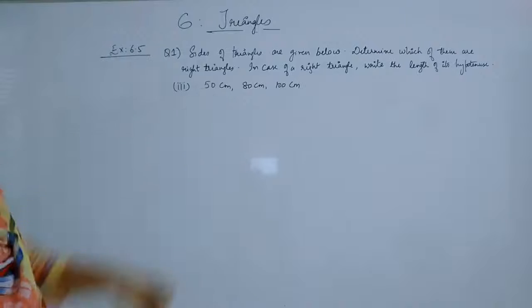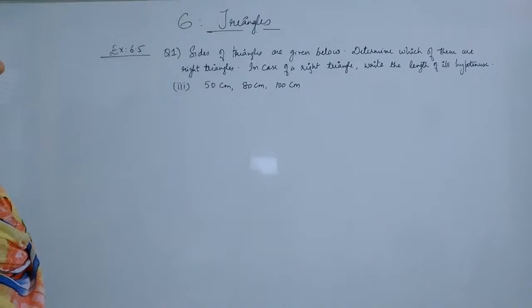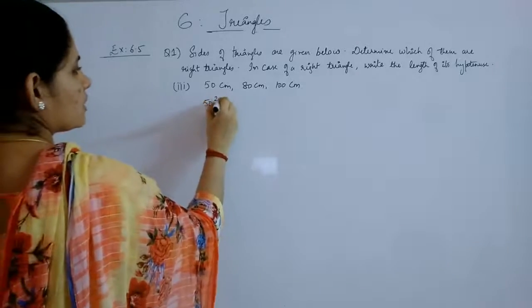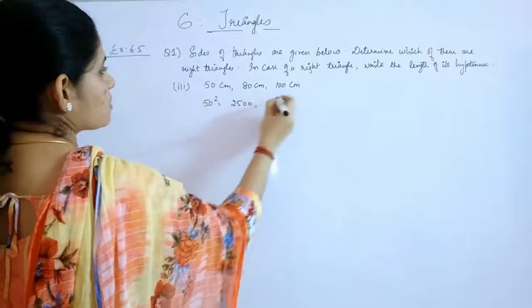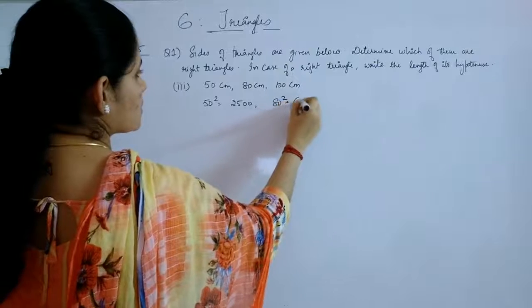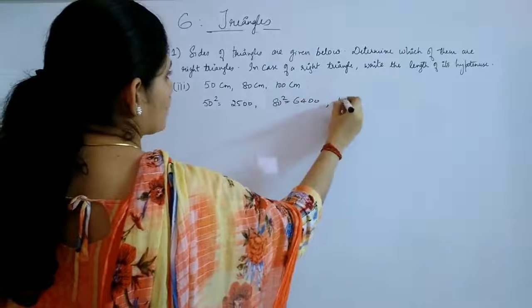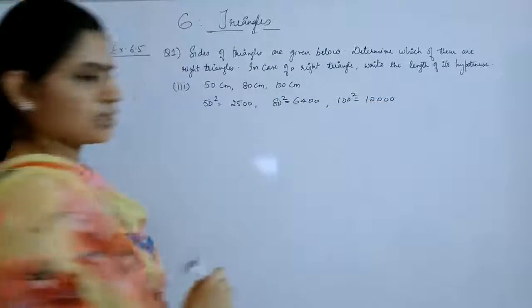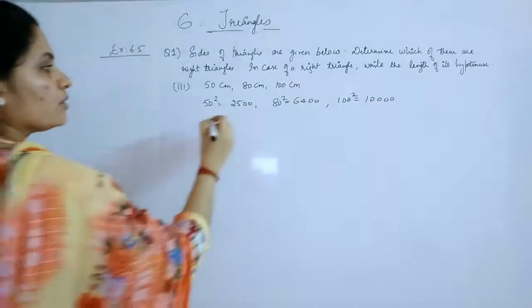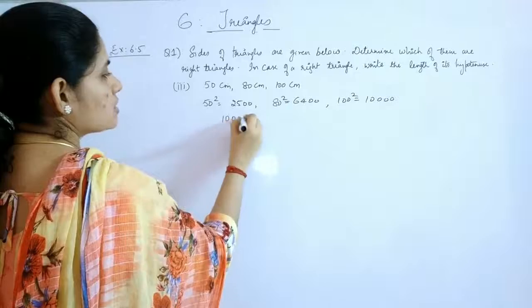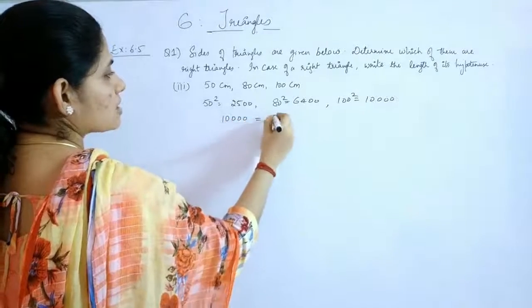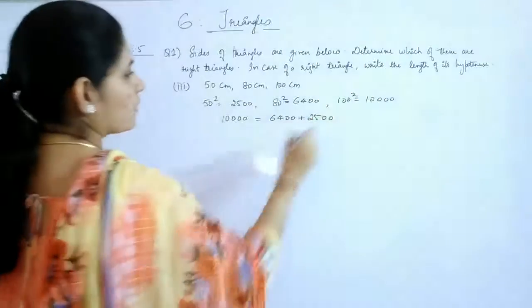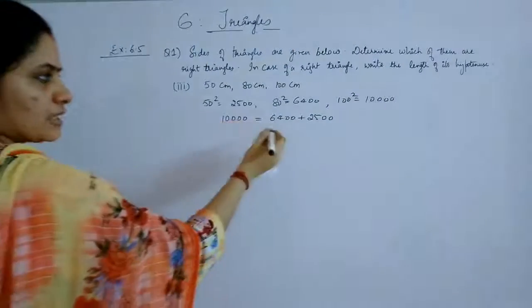Third subdivision is, here the sides given are 50 cm, 80 cm, 100 cm. So 50 square will give you 2500, 80 square will give you 6400 and 100 square will give you 10,000. Okay. Now you have to check whether 10,000 can be written as a sum of 6,400 and 2,500. Is it so?